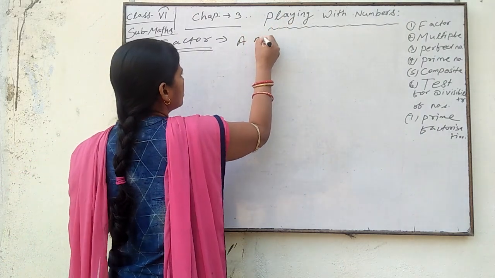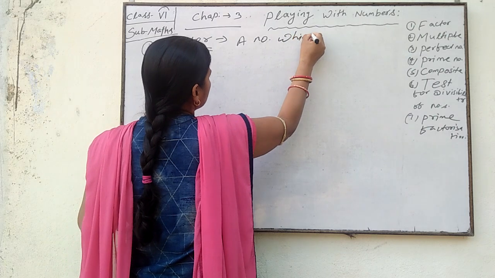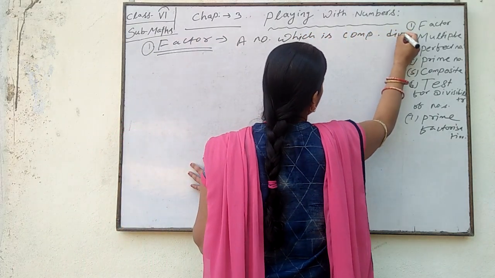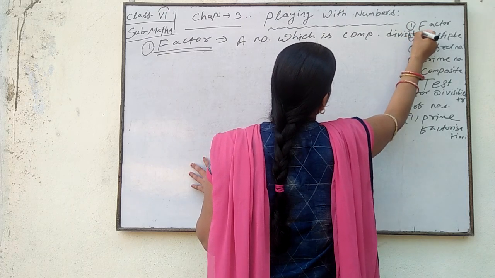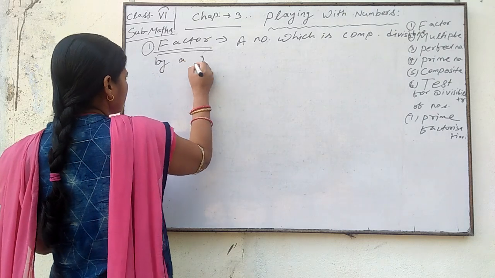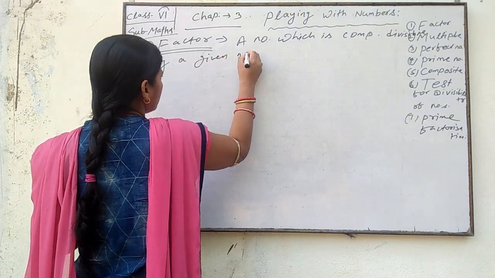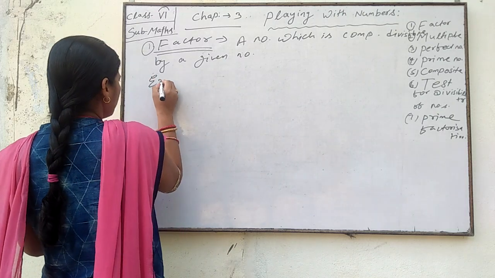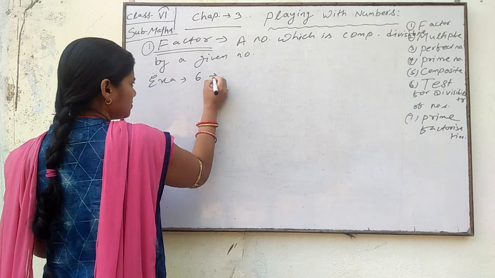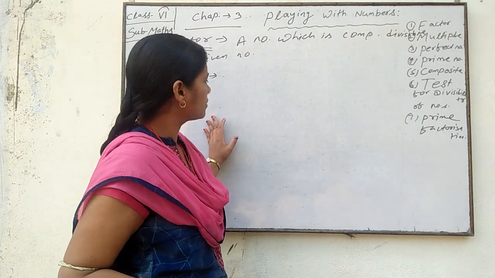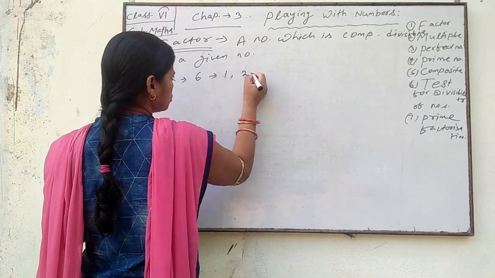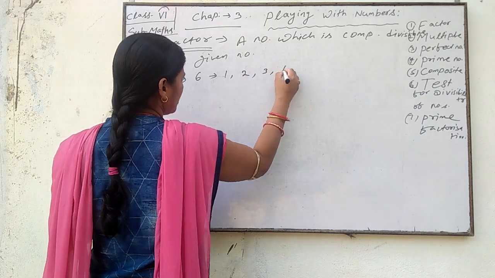A number which is completely divisible by a given number. Example: the factors of 6 are 1, 2, 3 and 6.